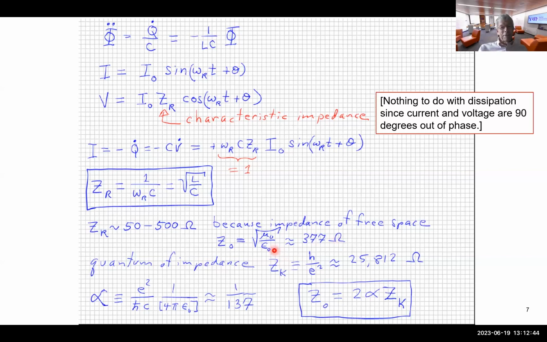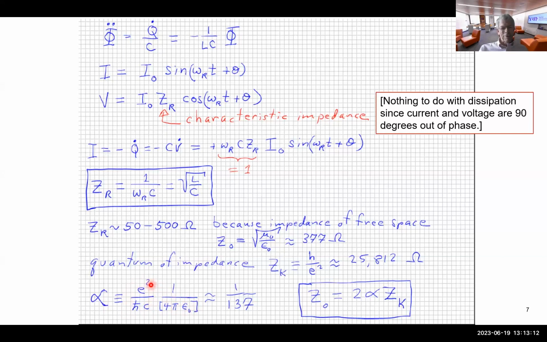In quantum physics, there's a characteristic quantum of impedance, the von Klitzing constant, h Planck's constant divided by e squared. It's about 25,812.80 ohms. And there's another important dimensionless quantity related to this, the fine structure constant, which you don't normally see.